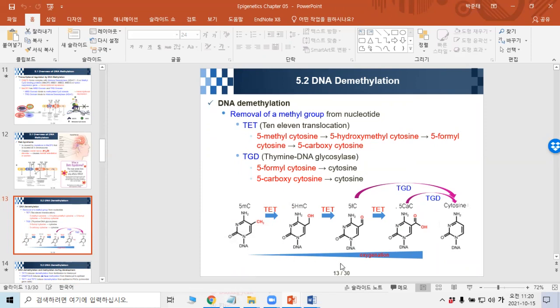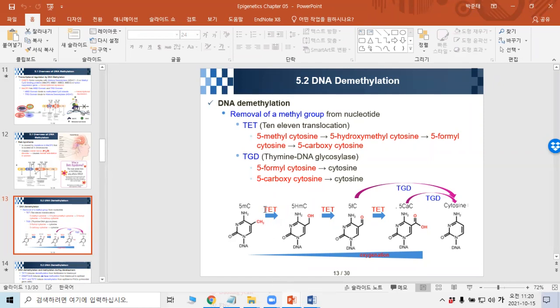After that, you have to write down the structure of this one. Especially TET, the full name of TET is ten-eleven translocation. The full name of TDG is thymine DNA glycosylase.